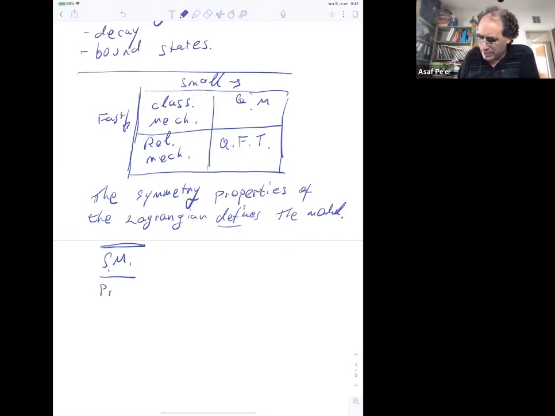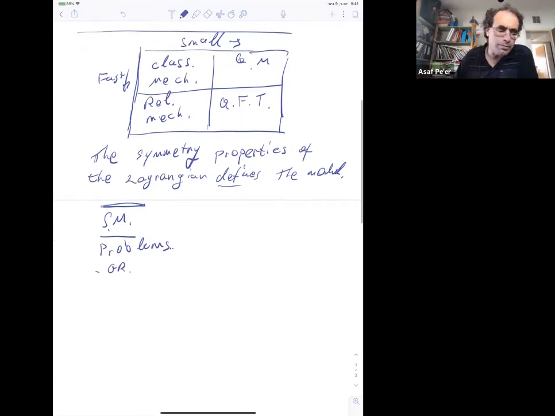I'm just mentioning the problems briefly because I will speak about them in the lectures next week, not this week. So some problems, I said, inconsistency with GR. And other problems, not a real problem, are at the boundary between particle physics and cosmology.